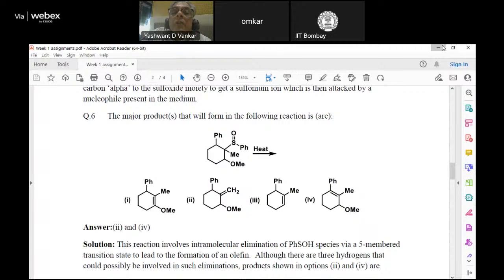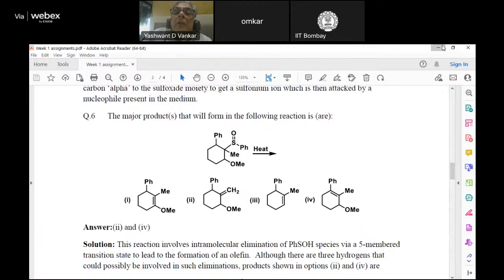Suppose the hydrogen next to the methoxy group is alpha and the sulfoxide is also alpha. Similarly, if the hydrogen next to the phenyl group is alpha and the sulfoxide is also alpha, both the hydrogens can eliminate. For the methyl group hydrogens, there is no problem because there are three hydrogens and there is nothing outside, so getting product number 2 has absolutely no problem.